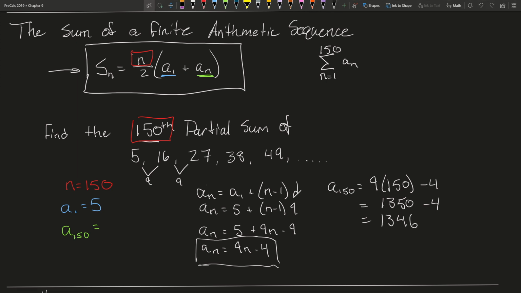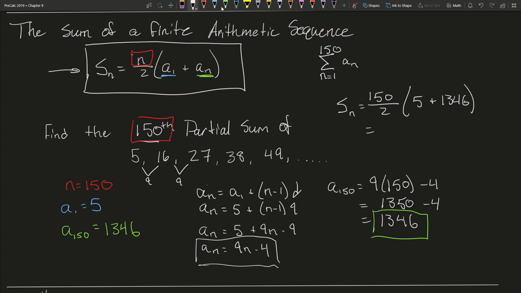So then we have our 150th term if we just simplify that. Okay, so then that is really all we need in order to find the sum of all those numbers. So again, then we just plug it in. And evaluate.